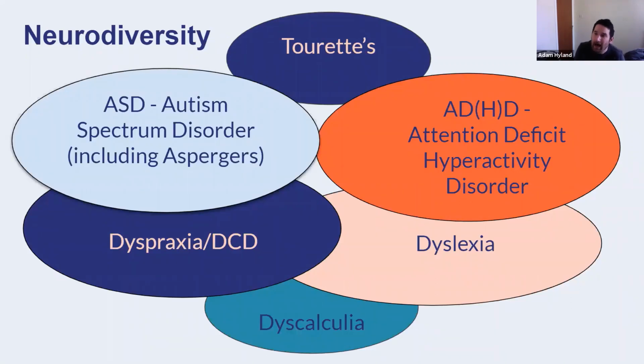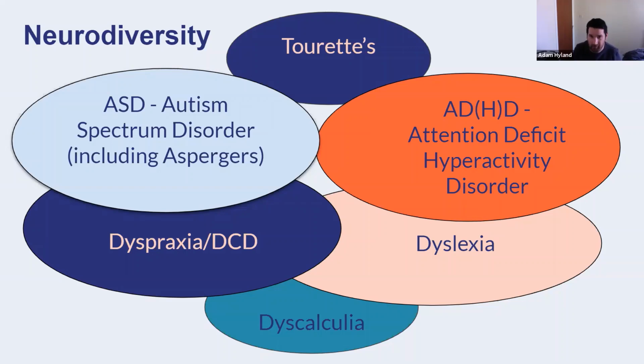And as I said a minute ago, the umbrella term for neurodiversity encompasses all of these different medical diagnoses on the screen. But really, if we break down the word neurodiversity, all we're saying is neuro being the brain and mind, and diversity being different.